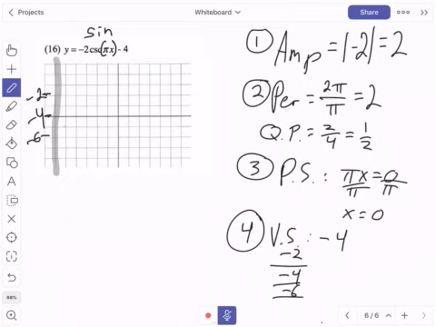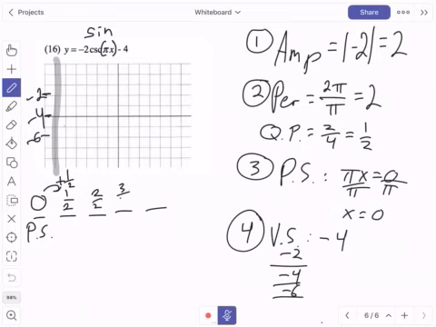Now, to represent my 5 x values here, cosecant still is going to be like sine. Start with the phase shift in the beginning. The phase shift was 0. Quarter period was 1/2, which means we're increasing by 1/2 each time. So it'll be 1/2, 2/2, 3/2, and 4/2. You don't have to do it this way; you're welcome to just simplify it in the beginning.